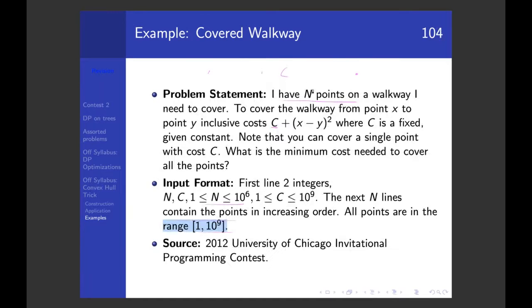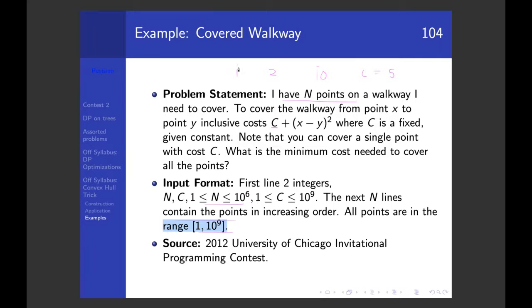Let's just go over an example. So let's say we have points at positions 1, 2, and 10, and C equals 5. Cost of covering them all individually is 15, because length 0 here, length 0 here, length 0 here, 5 each, 15.